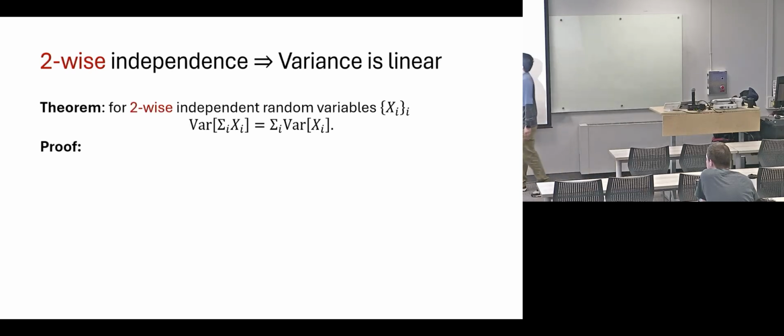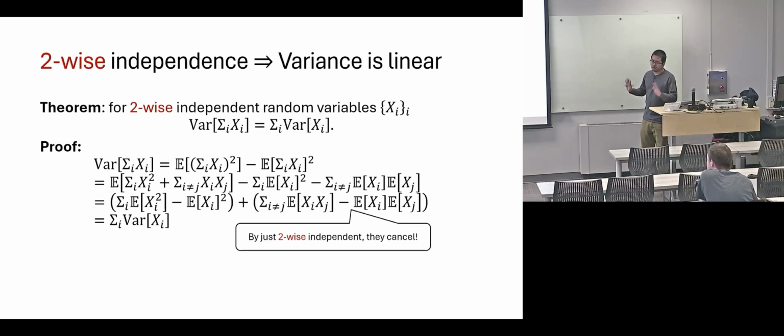So even when all the xi are twice independent, you already have that variance is linear. Okay. And the calculation is straightforward.